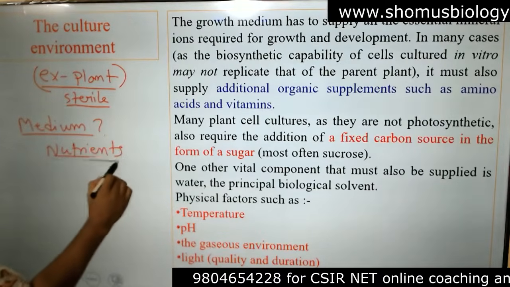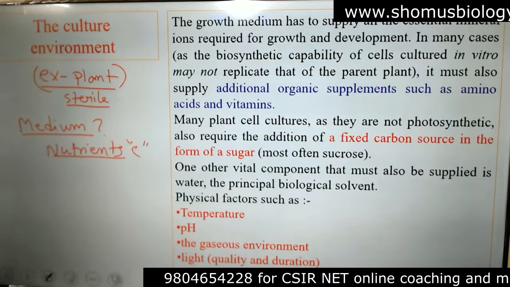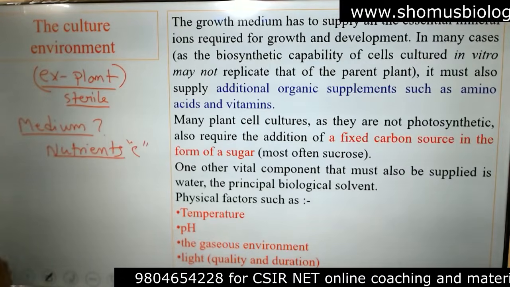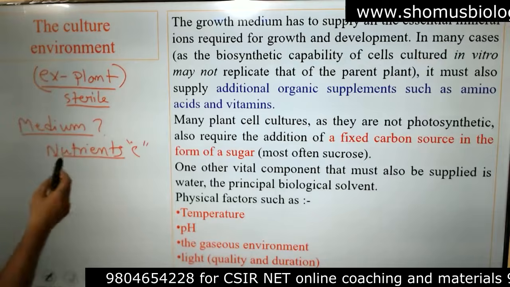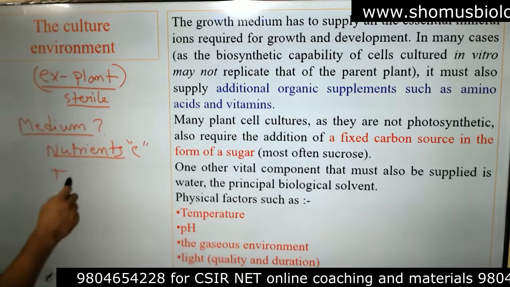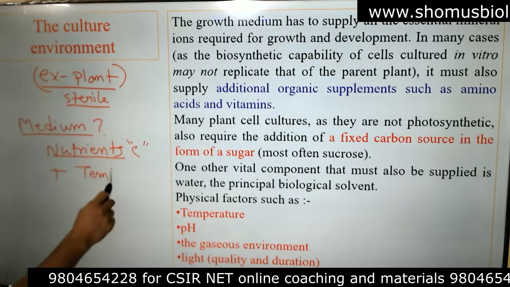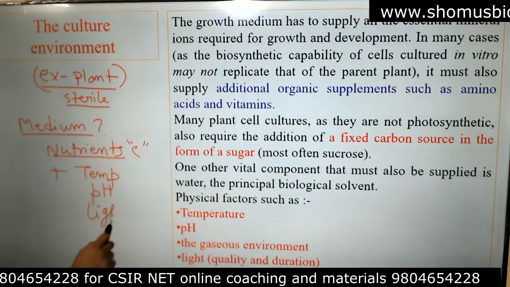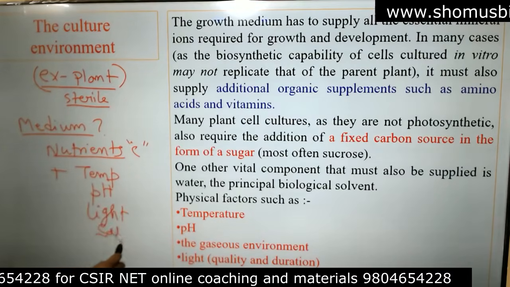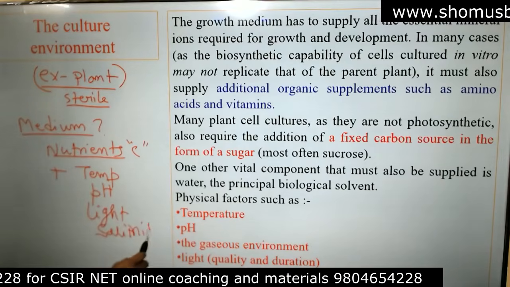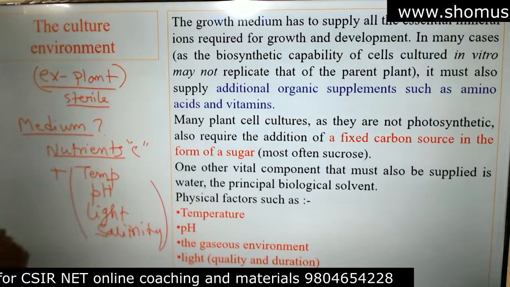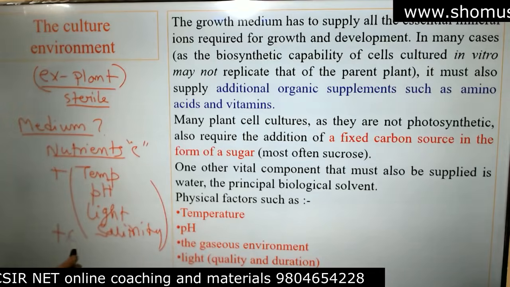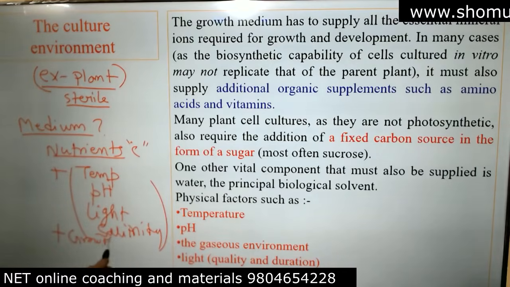right? Nutrient means carbon source. And apart from the nutrients or carbon source, we also need temperature, pH, light, salinity, and we need growth regulators, right?